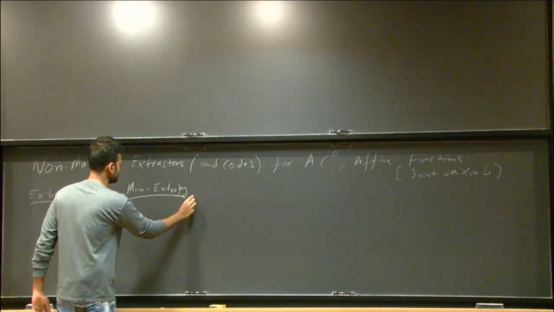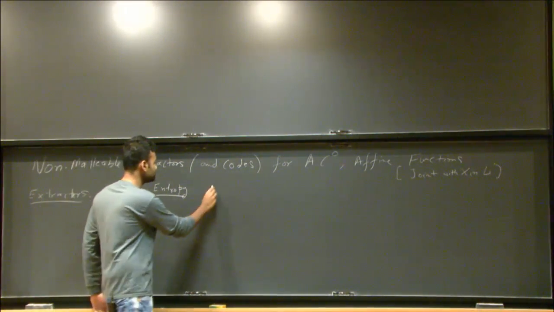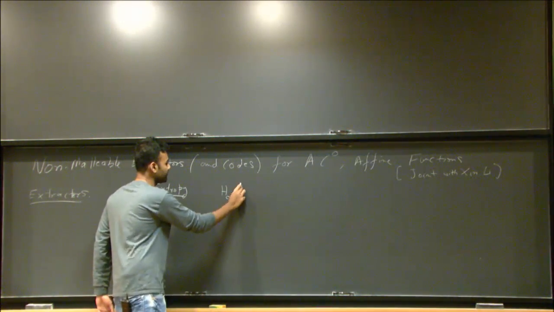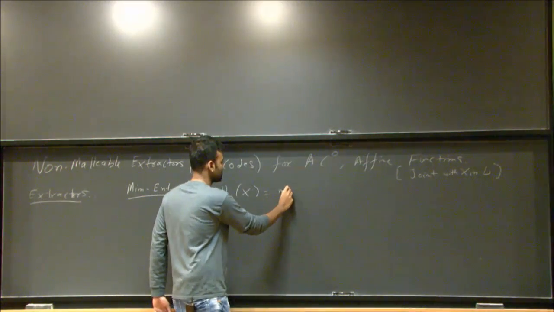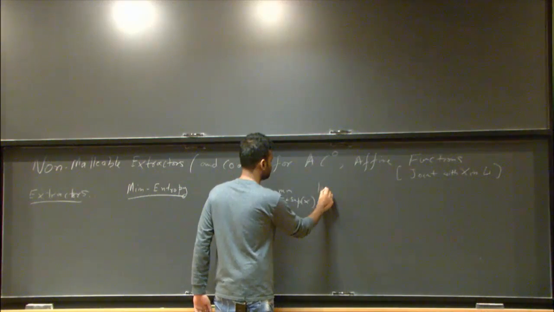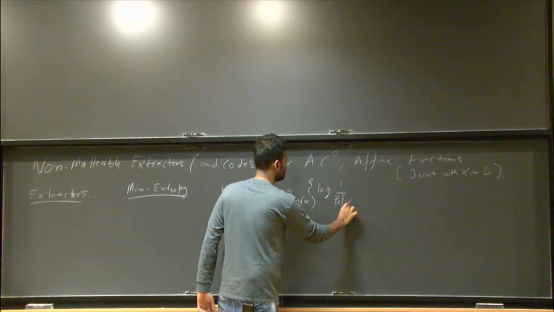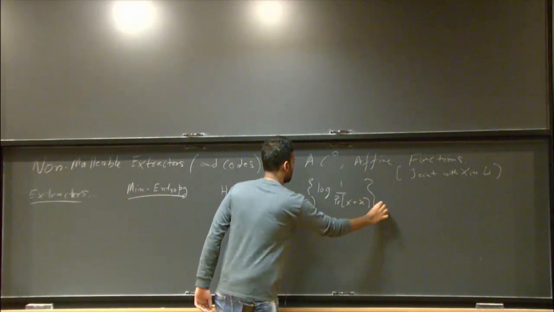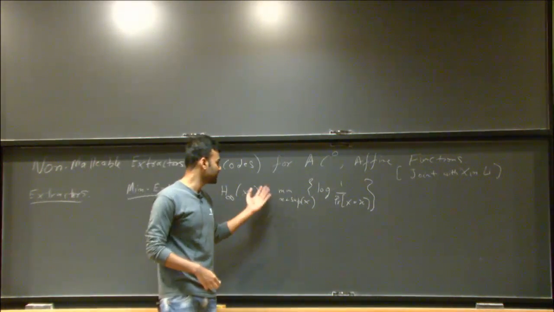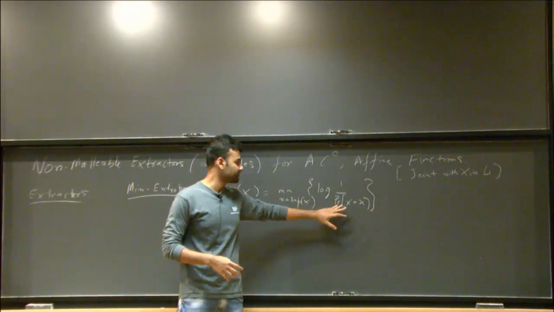So let's recall what min entropy is. This is the main way of measuring the randomness of a source. Suppose X is a distribution. So the min entropy of X is the worst case version of Shannon entropy, and it looks at the element on which X places maximum weight.